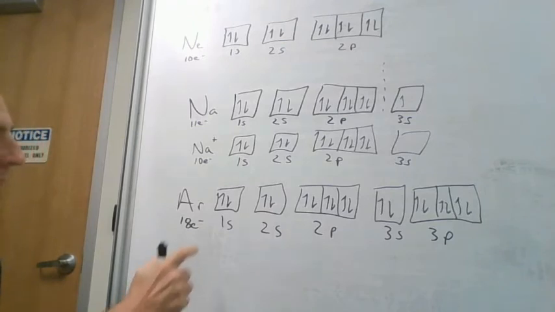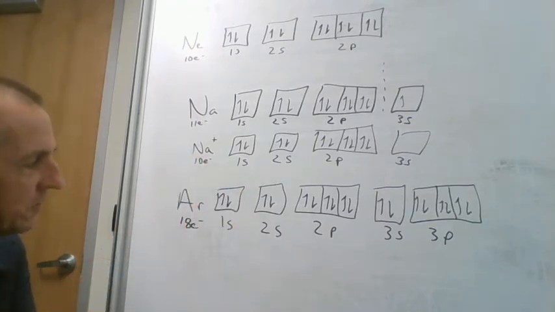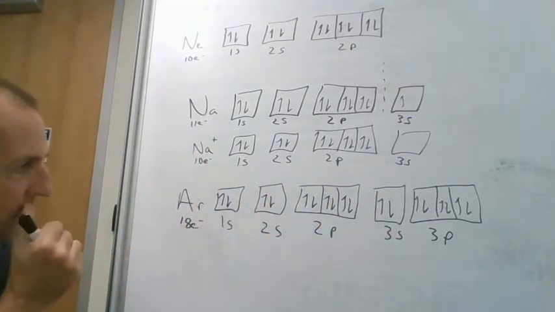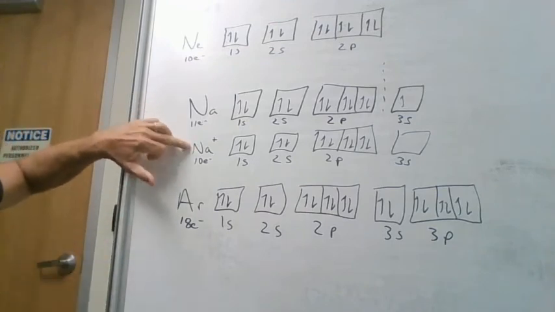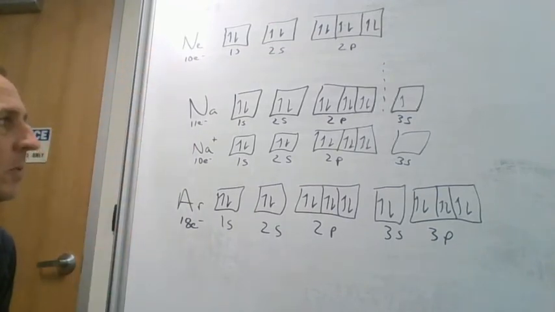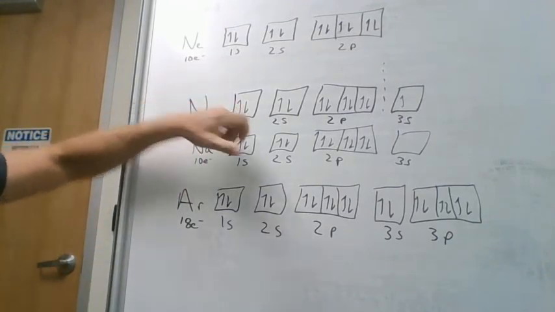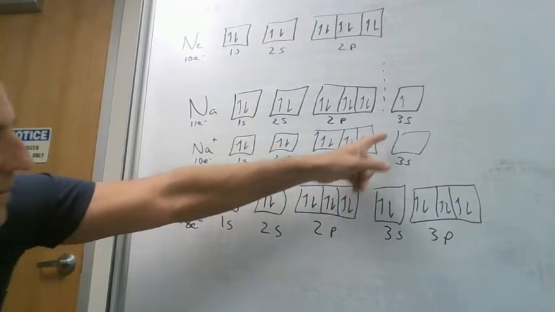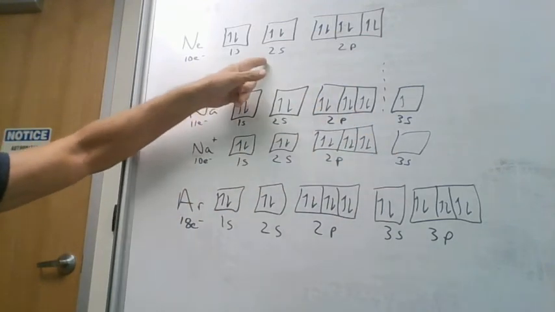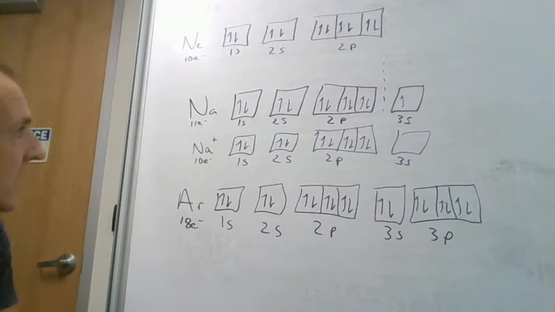So instead of trying to get the electron configuration of the next noble gas, argon, it ends up getting the configuration of the preceding noble gas. That's what happens when we have a cation. We're losing electrons, so we get a positive charge. So our electron configuration will move back towards the previous noble gas in the periodic table.